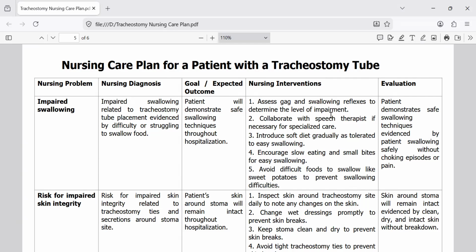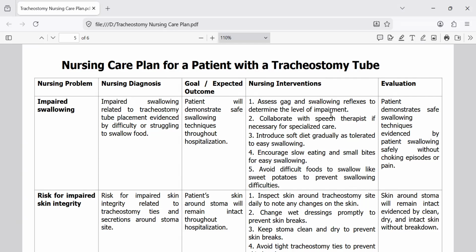Number 5, avoid foods that are difficult to swallow. Here we've mentioned things such as sweet potatoes to prevent difficulties in swallowing. If you grew up in areas around Zambia, you know of stories around sweet potatoes.